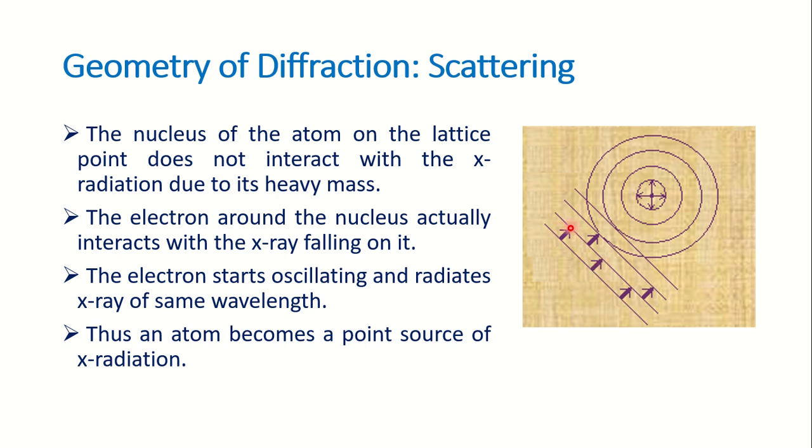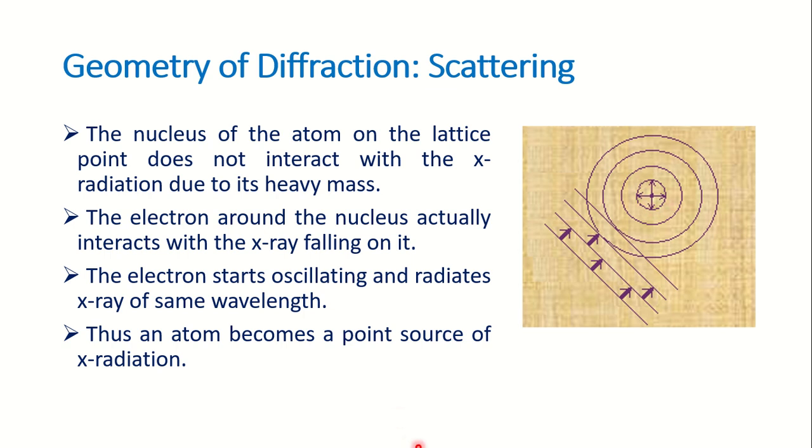Now at a particular point here, here and here, the phase of that wavelength is the same, so this line is actually a wavefront. When this wavefront approaches the nucleus, it falls on the electron, and then the electron starts oscillating, and further X-ray of the same wavelength is scattered in all directions, and spherical wavefronts are obtained.